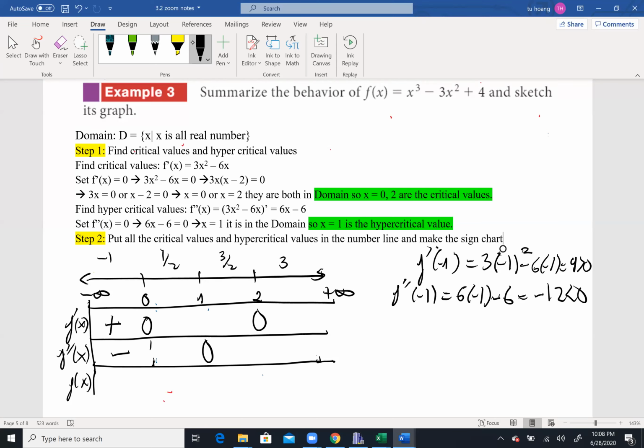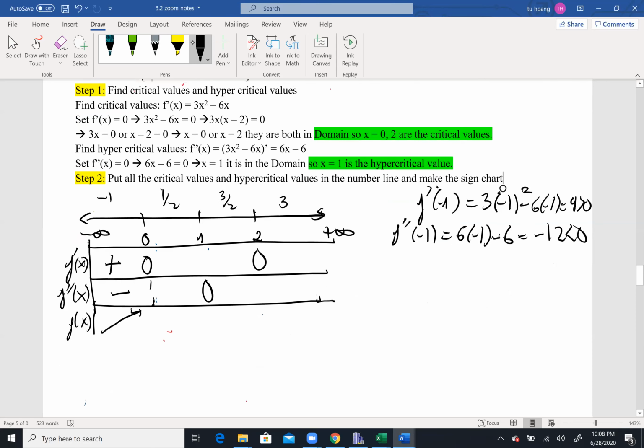Okay, so for f(x), f prime of x is positive, so it's increasing, but the second derivative is negative, so it should be downward, right? Concave down. So yeah.